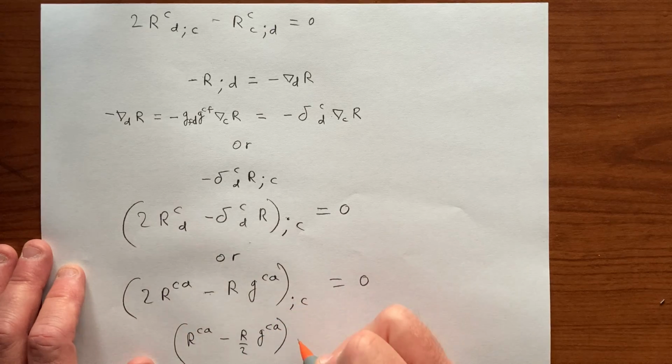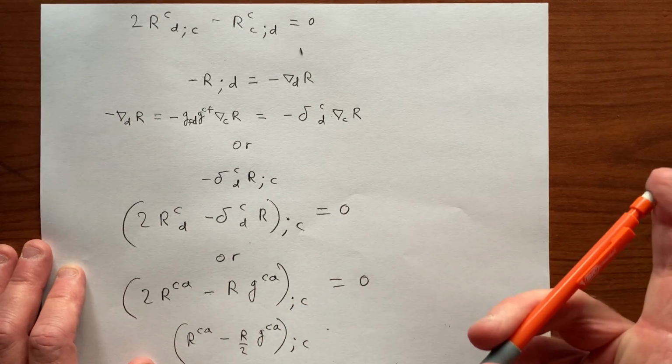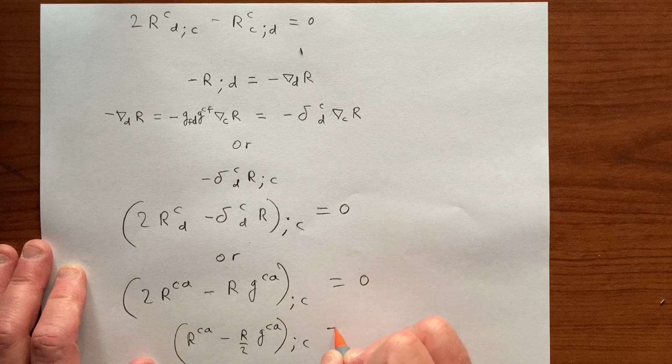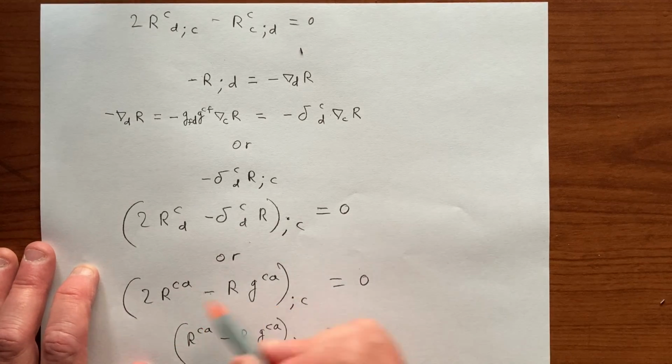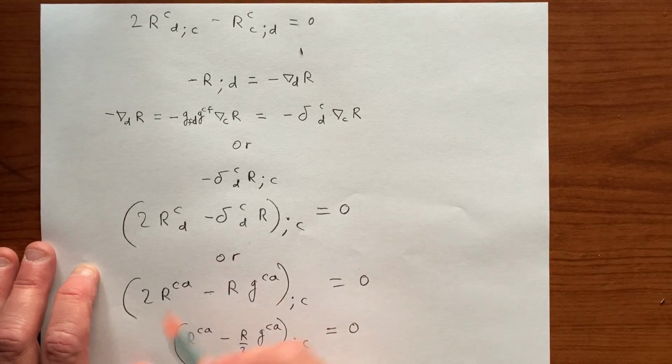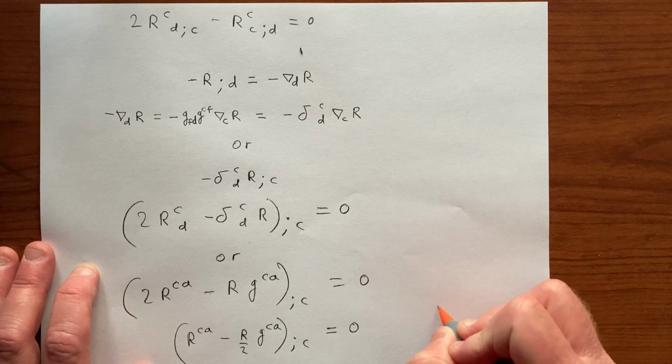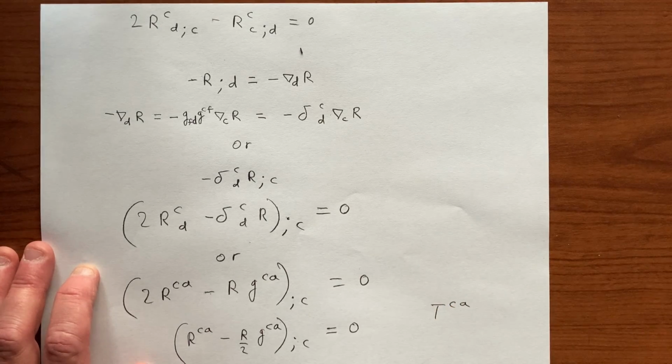So the covariant divergence of this is also equal to 0. So there's an overall constant here that we have to worry about. It'll turn out that this is the object that we want on the left-hand side, and we can figure out the constant perhaps from the Newtonian limit. So here we have our object whose covariant divergence equals 0, and this will be set equal to the T^CA object, or a constant times it.